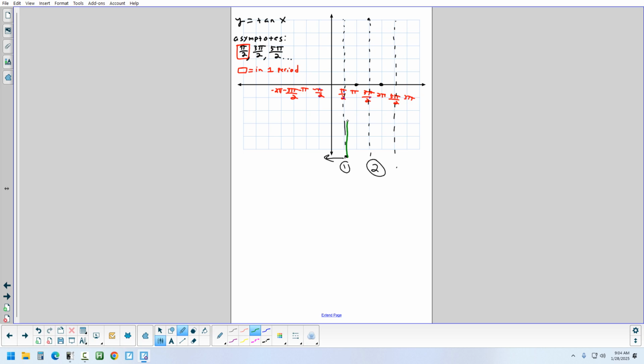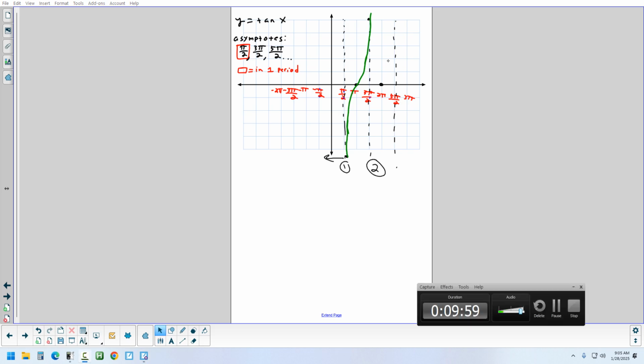But I can't continue to stay close because I have to go through that dot in the middle. So at some point, I need to start to curve. And then I want to keep curving, but I can't because I'm running into another asymptote. So I need to get up as close as I can to it, but not cross it. Basically like that. And if you copy and paste that, that is what your graph of tangent looks like.